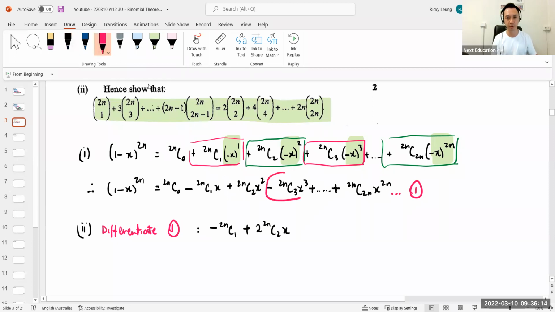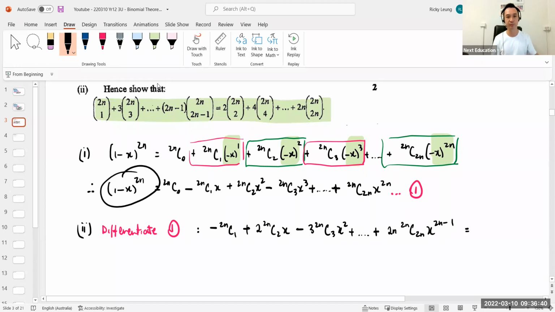Now this term, the 3 comes down, minus 3 times 2n c3 x squared, plus ... Last term here, 2n comes down, and then 2n c2n x^(2n minus 1), right? Equals, now, that's the right-hand side.